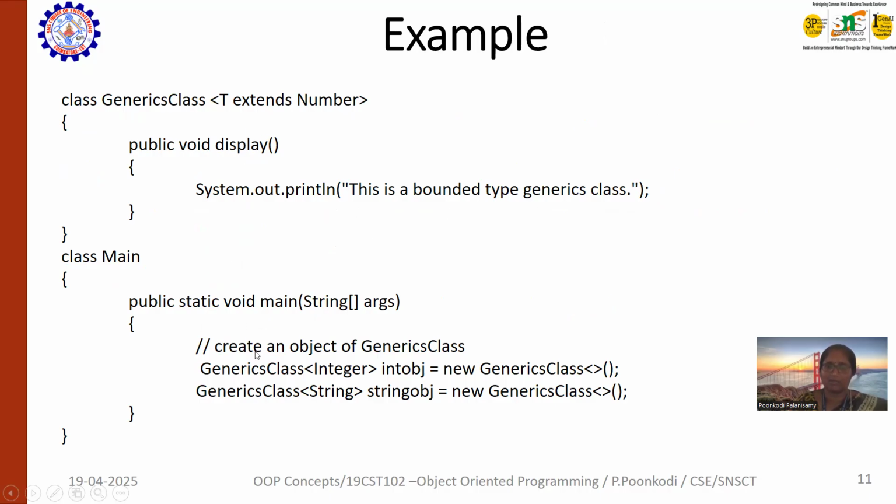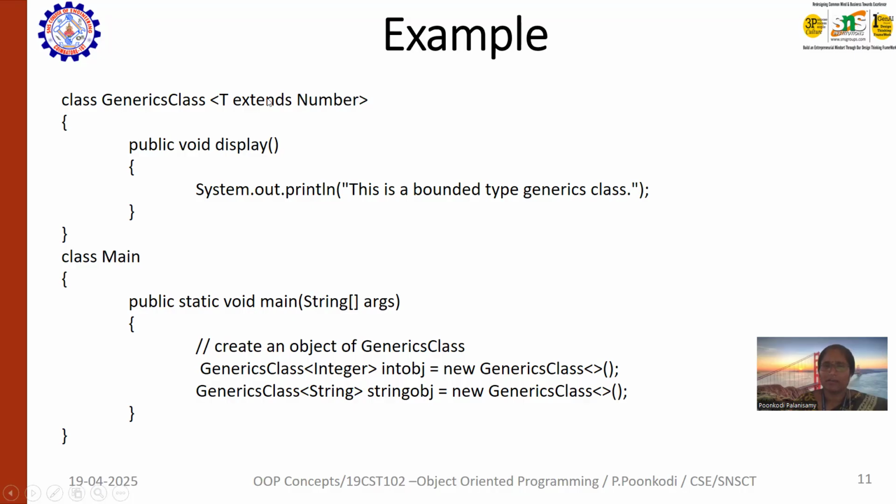In the main method, we have created objects for integer and string generic types, and it will print the value. While we are running this, it will generate an error in the string object line. Why? Can you guess what the answer will be? Yes, of course, it's right.